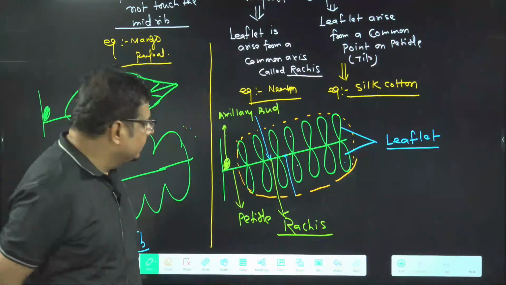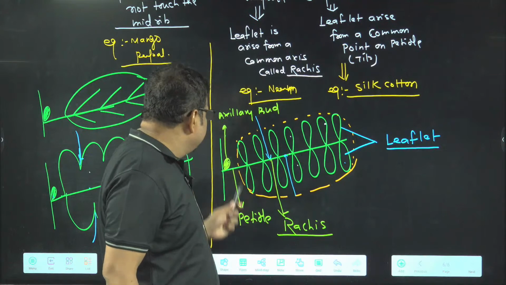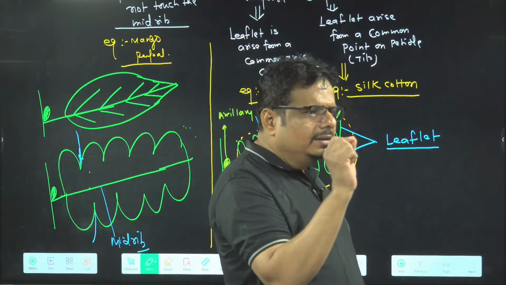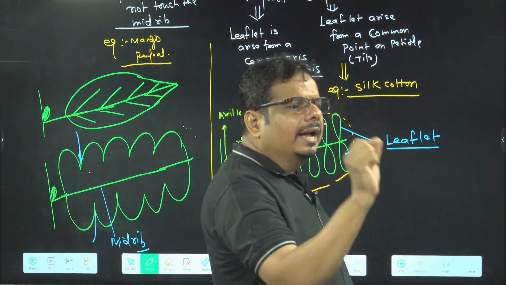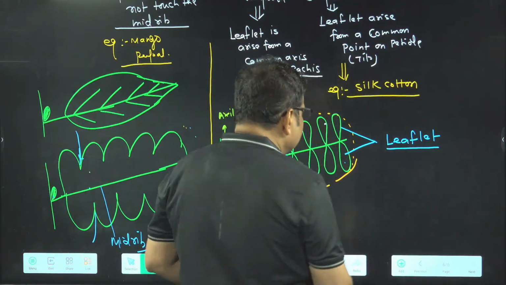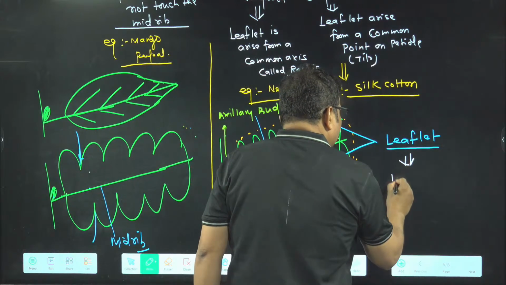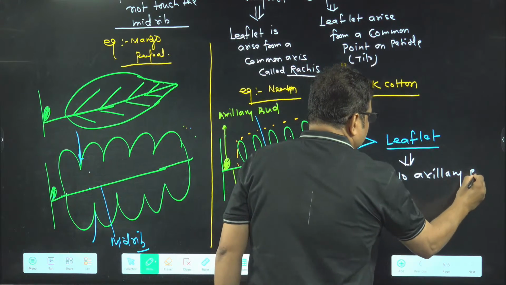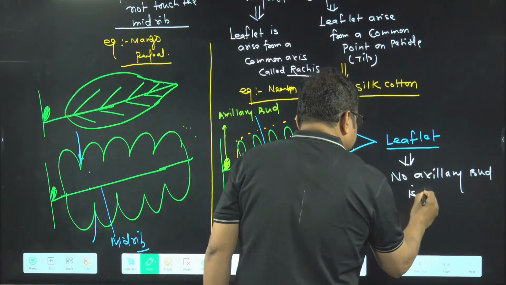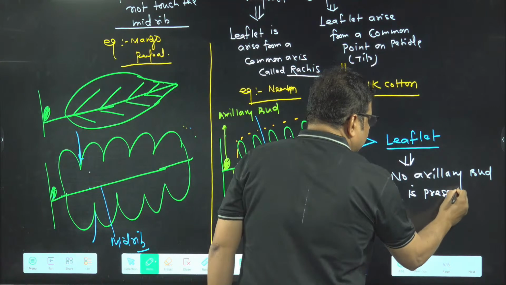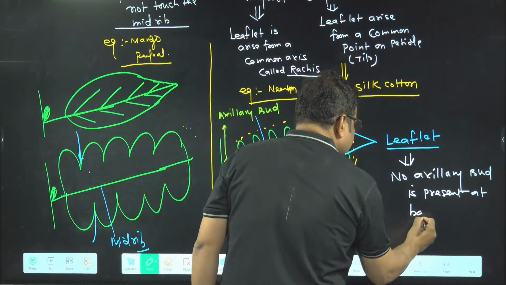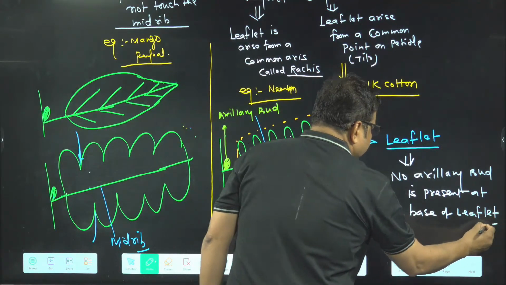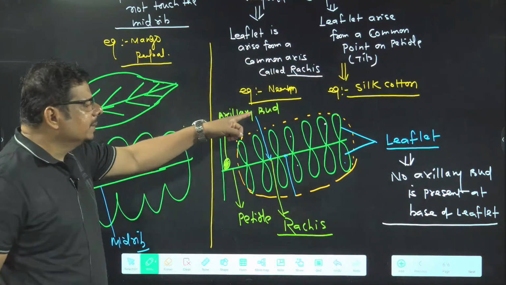How to know it is not a leaf, it is a leaflet, and this is a leaf? So leaflet doesn't have axillary bud at its base. No axillary bud is present at the base of leaflet. But at the base of leaf, who is compulsorily present?